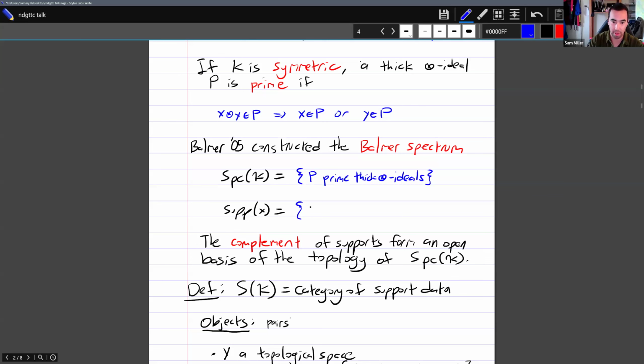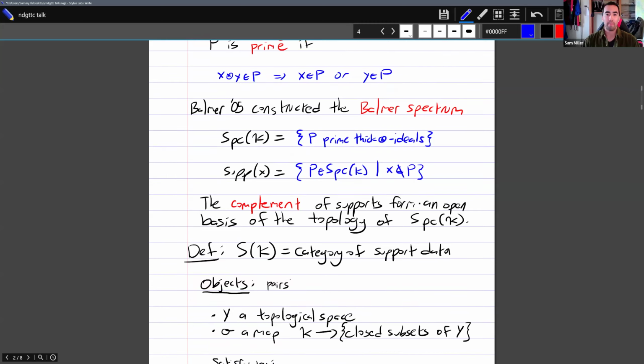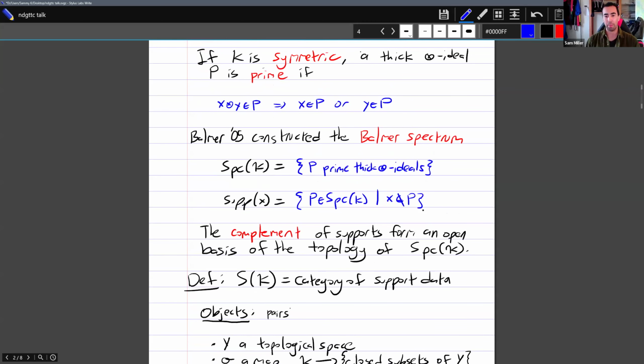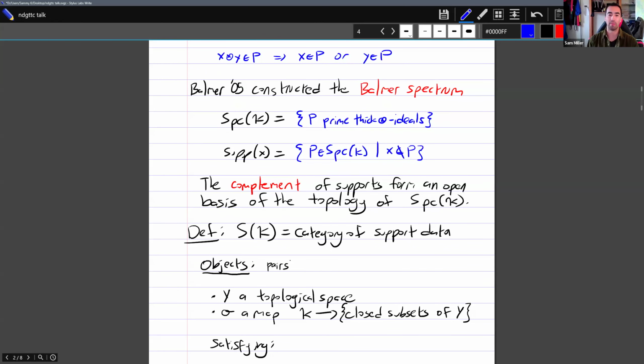So this will be the set of all P in Spc of K such that X is not contained in P, so localization at P does not kill X. And so the complements of supports, so there's a reversal here, form an open basis for the topology of Spc K. And so this also, in some sense, defines a support variety, where the support of an object is just that subset.